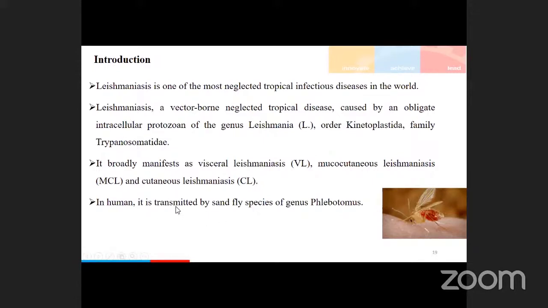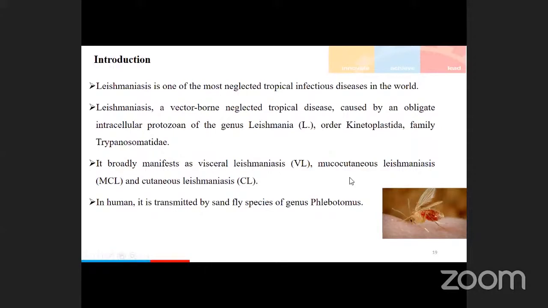Leishmaniasis is broadly classified into three types: visceral leishmaniasis, mucocutaneous leishmaniasis, and cutaneous leishmaniasis. Out of these, cutaneous leishmaniasis is self-curable, and visceral leishmaniasis is the very harsh form. It mainly affects the visceral organs like the liver, lungs, and heart.